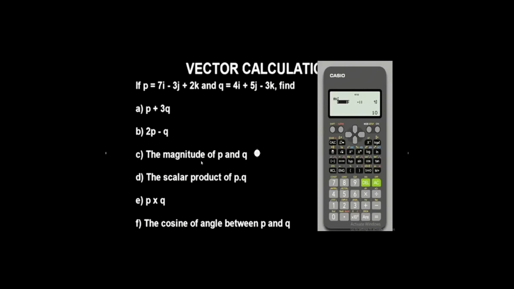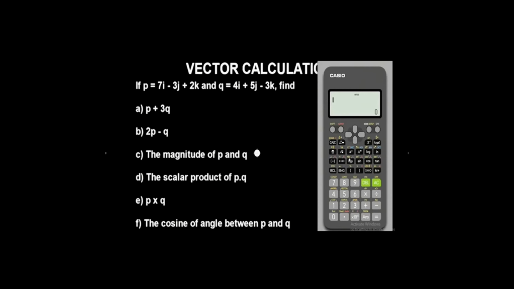Now to solve the magnitude of vector P and Q, very easy, guys. Let's remove this. Now for magnitude, in mathematics, another term for it is absolute value. So you either say magnitude or absolute value. For this calculator, let's begin with magnitude of vector P. If you look here carefully, this hyp button, you will see ABS on top of it.